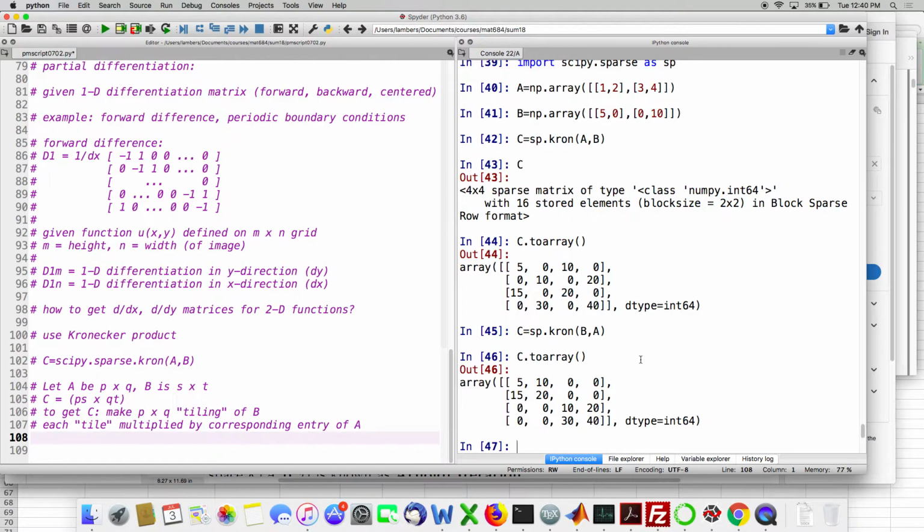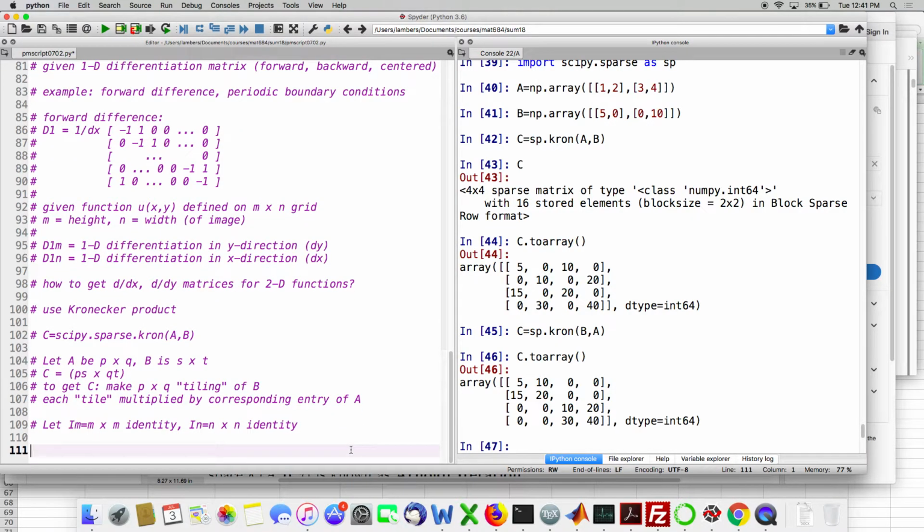Okay. All right. So how does this help us with partial differentiation? If I make IM be the M by M identity and IN be the N by N identity, then it turns out partial differentiation matrices are just Kronecker products of one-dimensional differentiation matrices with the appropriate identity matrices.